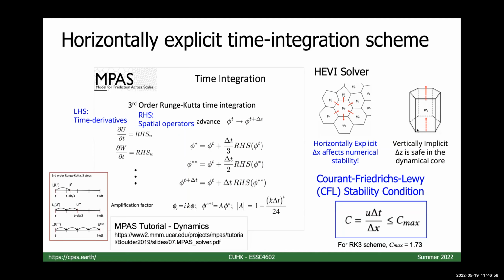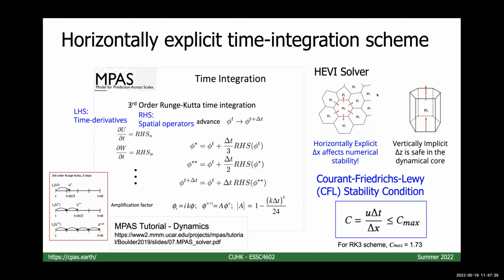So as you have already been shown, if you remember the drawing that stacks up the vertical layers near the Earth's surface, the delta z, the vertical spacing, is actually very small. And then going up, bigger and bigger. But we are still using a time step that is quite large relative to that vertical spacing. And it doesn't harm because the solver uses an implicit scheme in the vertical direction.